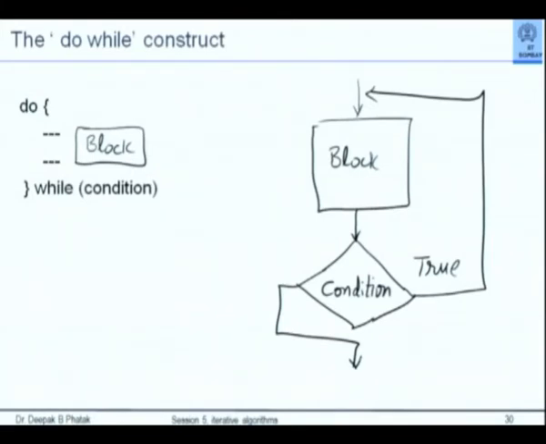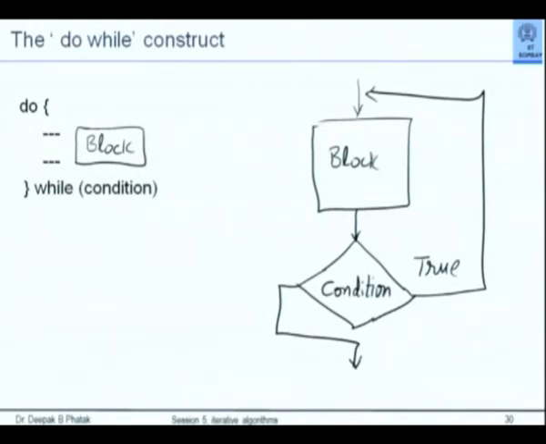So what is the difference between this logic and the logic of while condition block? The difference is that here the condition is checked after one execution of the block and after every execution. In short, my watchman is not sitting in the front of the house. He says, you enter the house, finish your task. But when you get out, I will examine the condition and I will decide whether you go back again to the front to repeat or you get out.